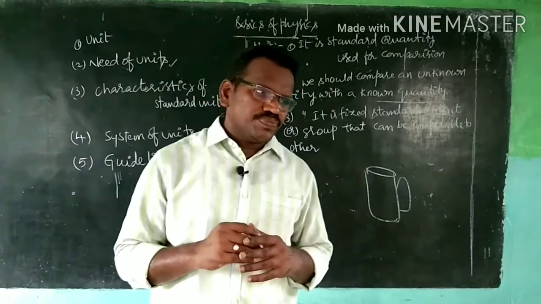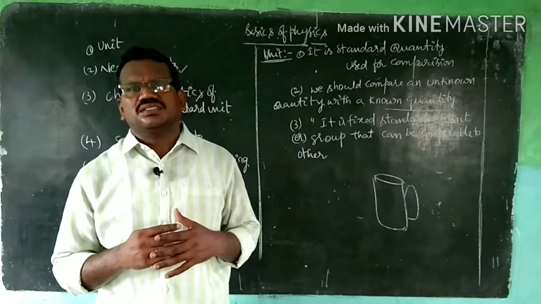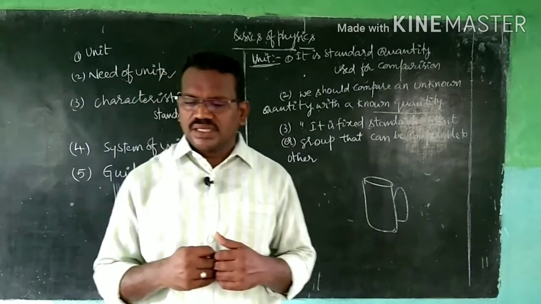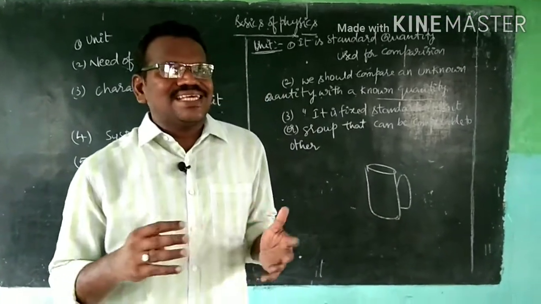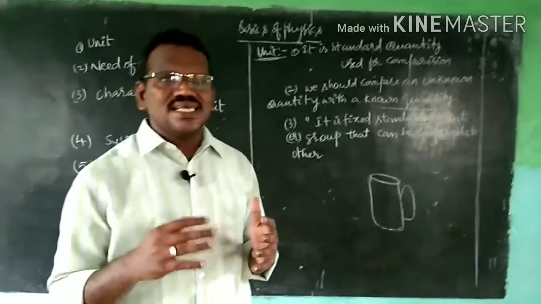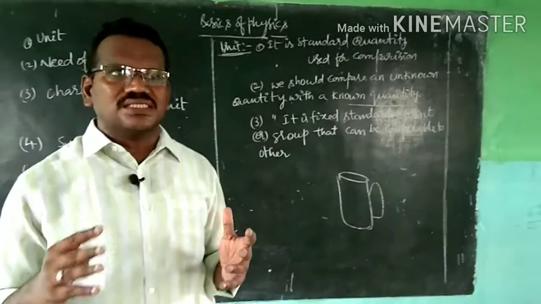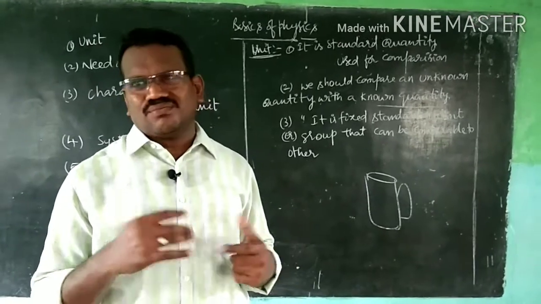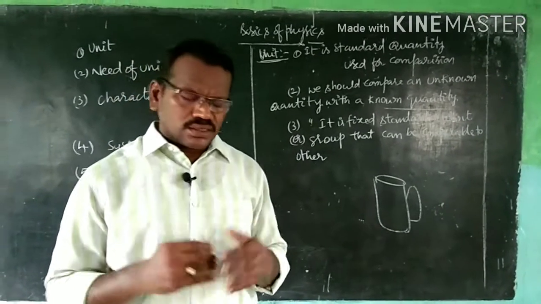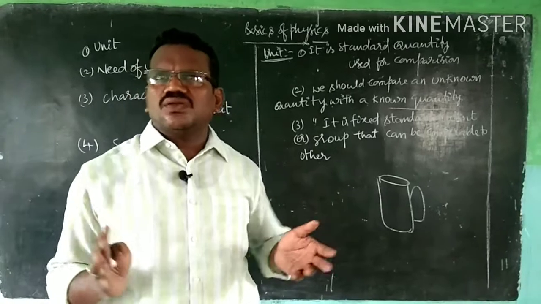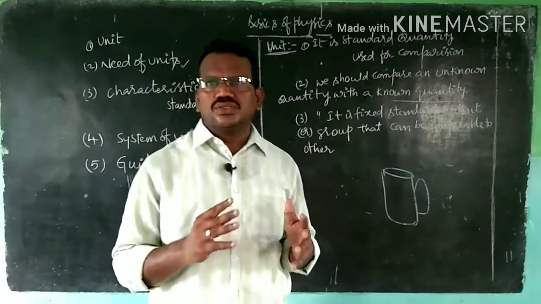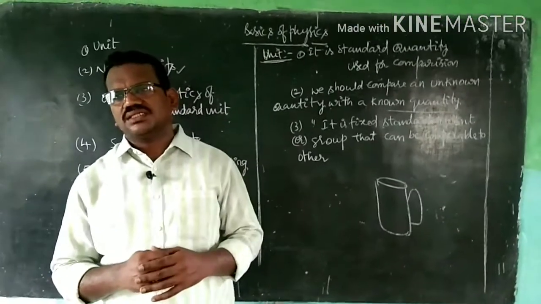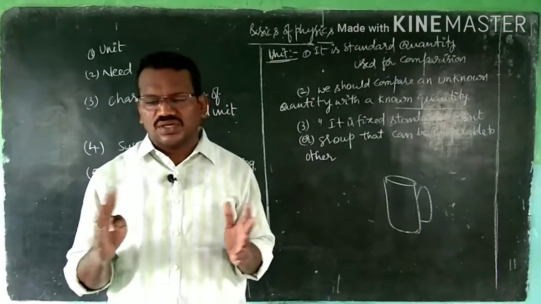For example, in the case of measuring mass, in olden days some systems were there, namely seers and munts. Seers and munts are different systems of measurement used for measuring mass. But now the whole world has become unified, so we require certain standard quantities for measuring worldwide.